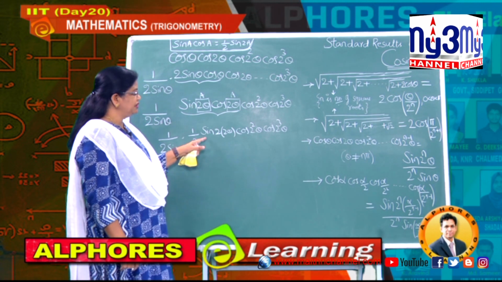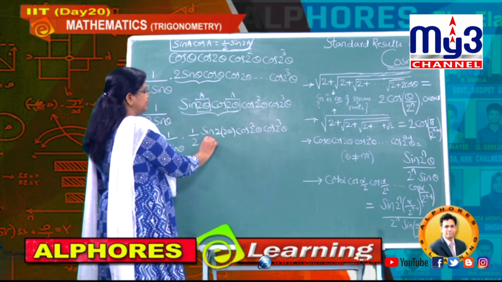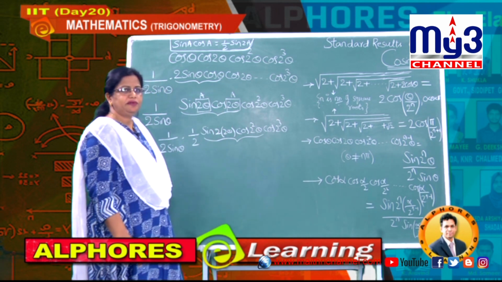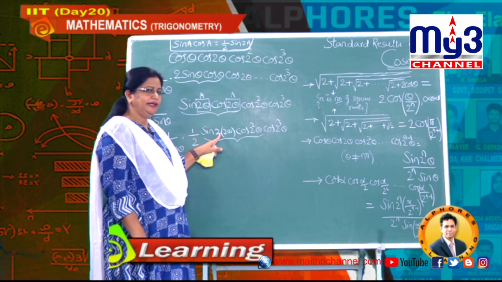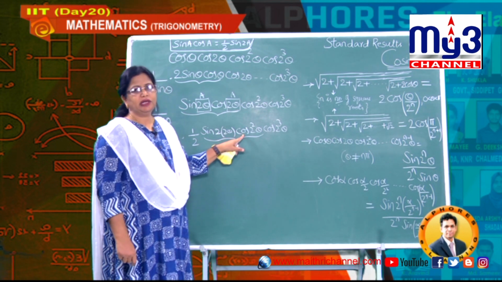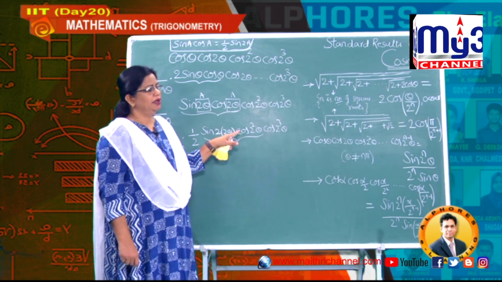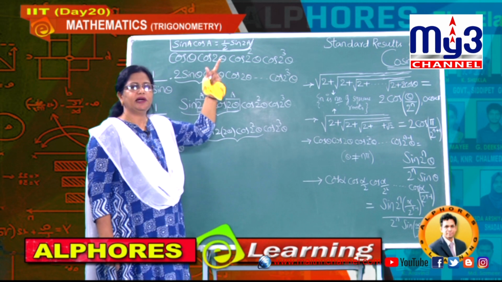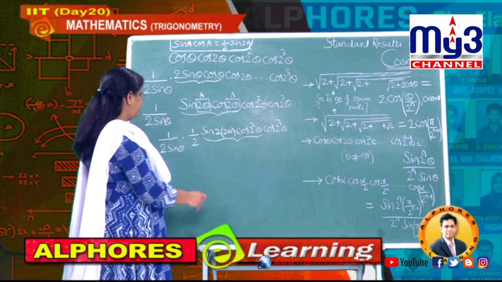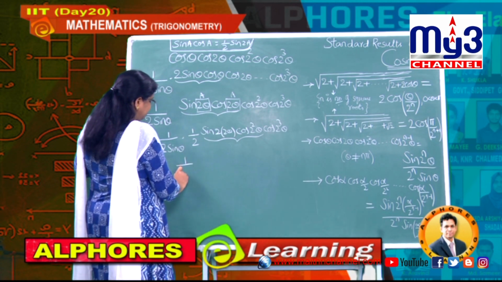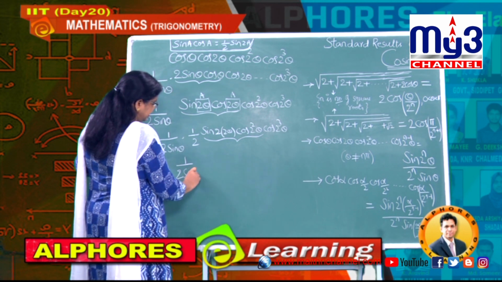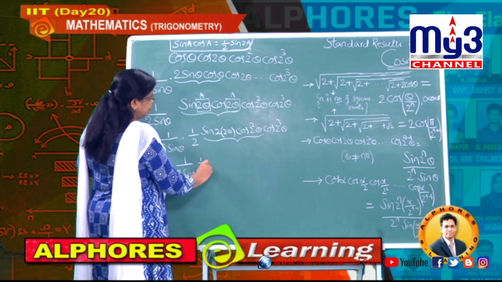And now observe again these two values. Observe again these two students, what is happening? Sin 2 square theta into cos 2 square theta. Again the same formula, that is half sin 2A. That means here one more half is coming. So 1 by 2 sin theta and into this 1 by 2.